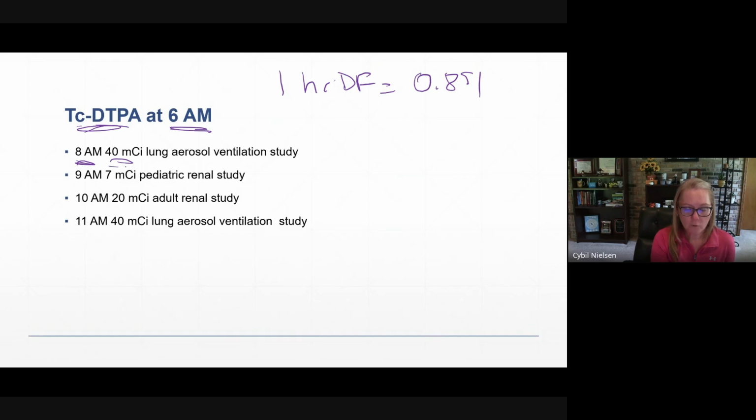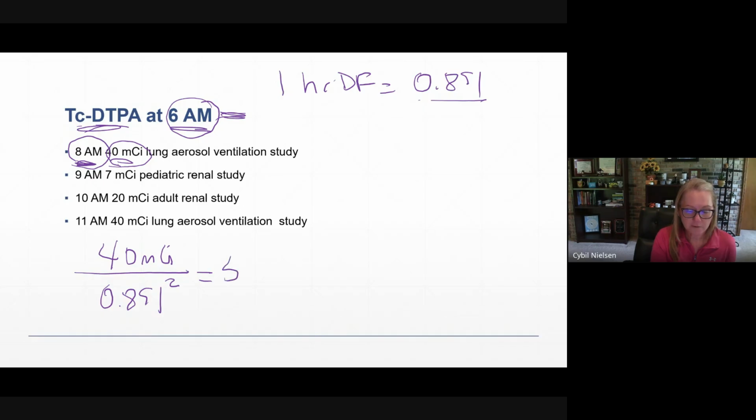And if I need 40 millicuries 2 hours later, I know that I need more at 6 a.m. because it's going to decay by the time 8 a.m. comes around. So I'm going to take that 40 millicuries and divide that by my 1 hour decay factor. And since it's 2 hours, I'm just going to square it. When I put that in the calculator, it's 50.4. So this first one is 50.4.